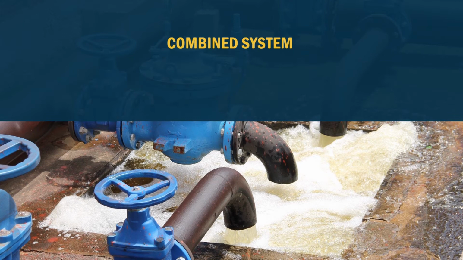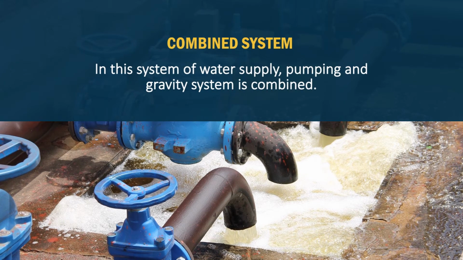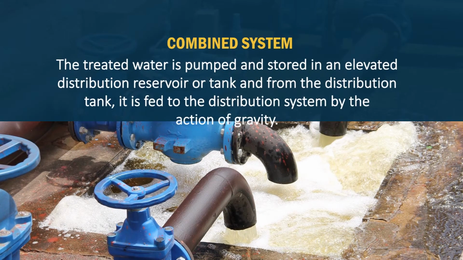Combined system. In this system of water supply, the pumping and gravity systems are combined. The treated water is pumped and stored in an elevated distribution reservoir or tank, and from the distribution tank it is fed to the distribution system by the action of gravity.